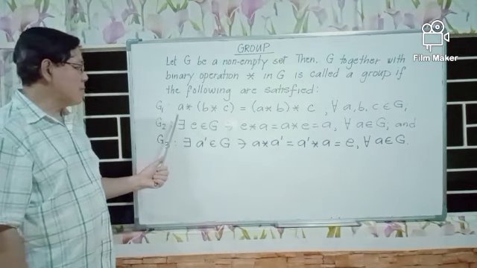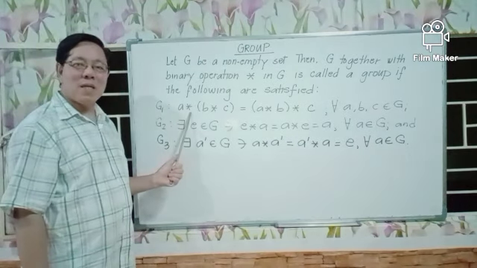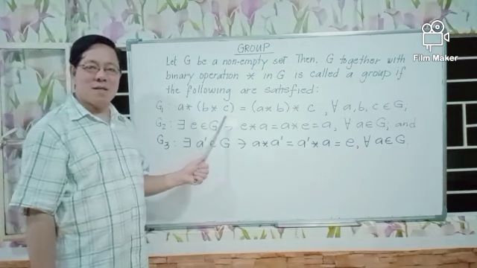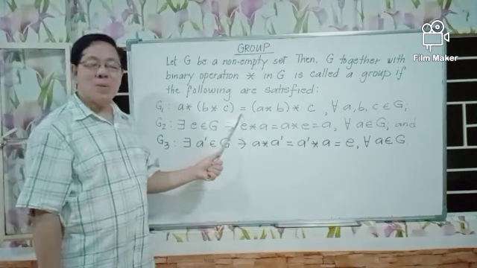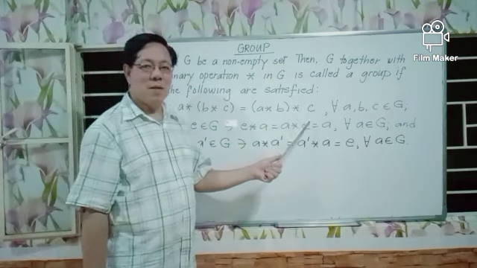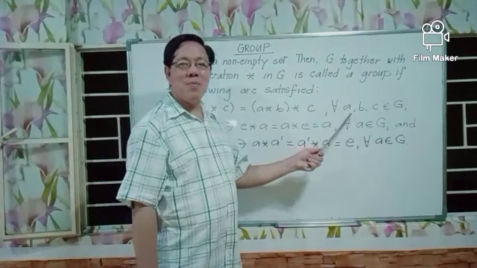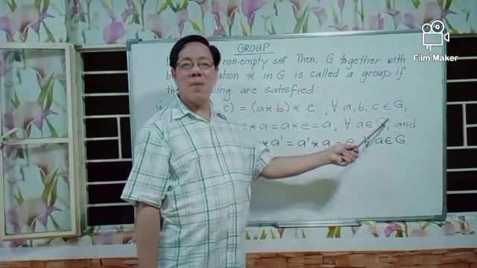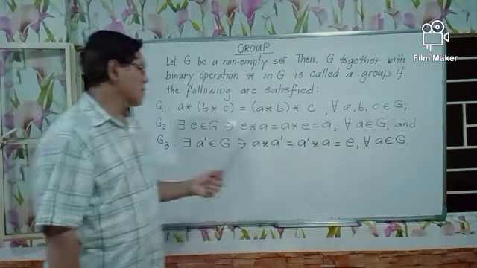G sub 1, A star quantity B star C is equal to quantity A star B star C for every A, B, C elements of G.